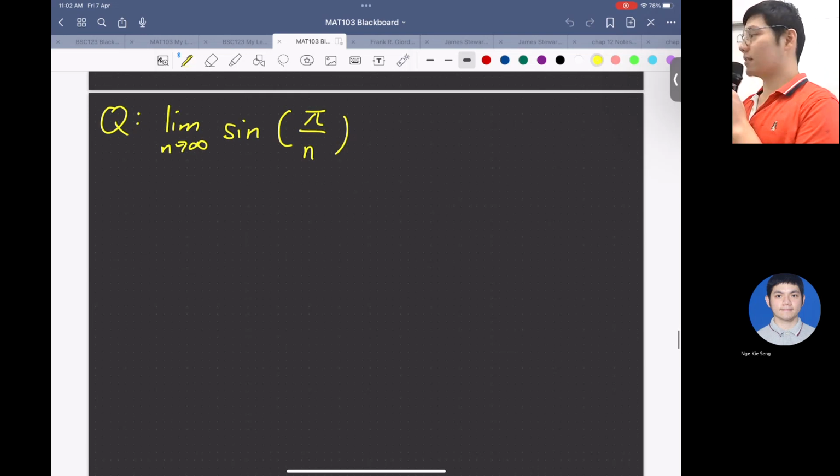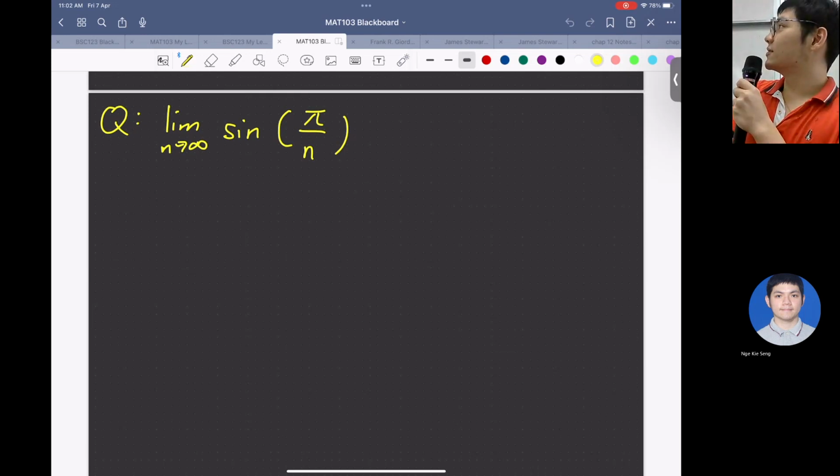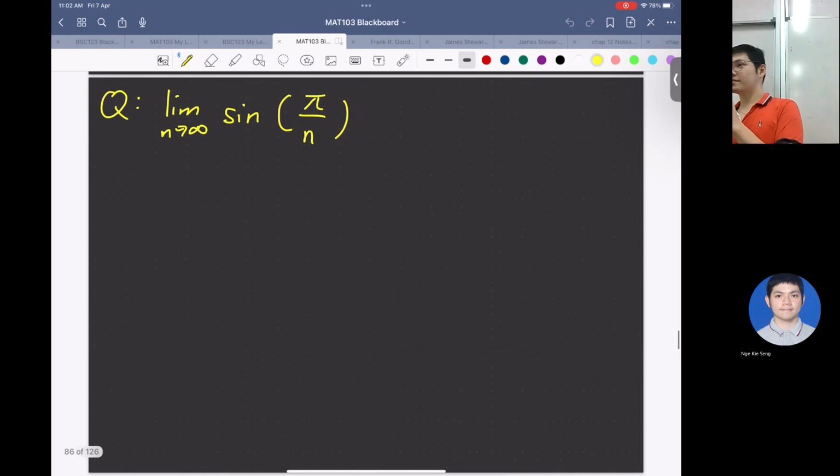So how to find the limit of the sequence here? Does anyone know what's the limit of this sequence? 0, 1, 0.